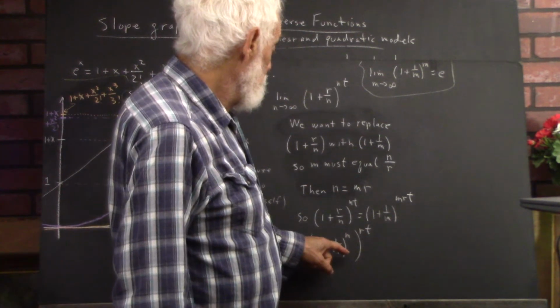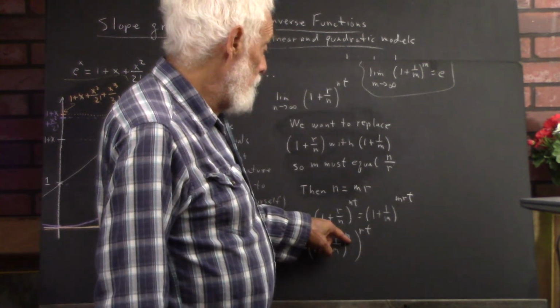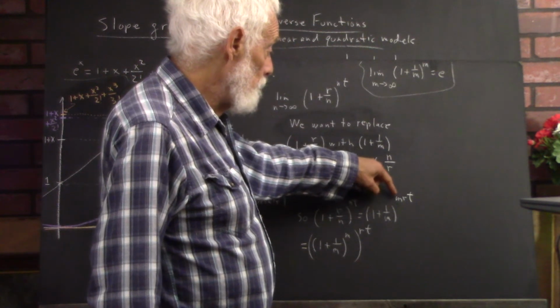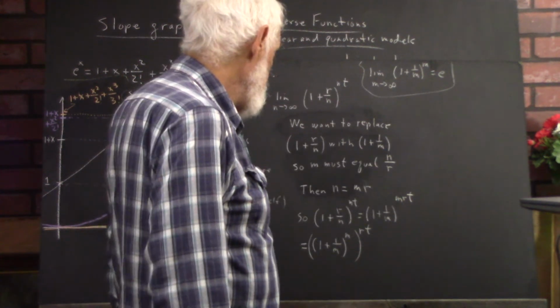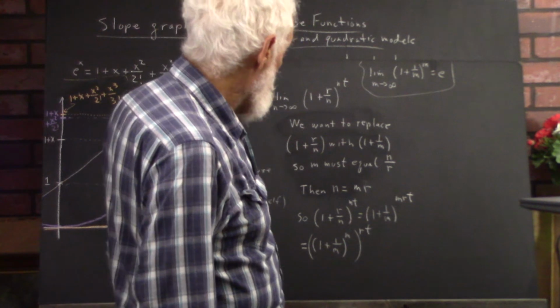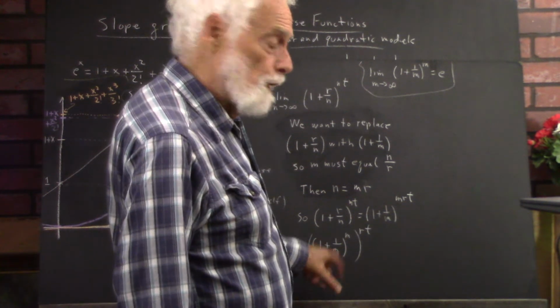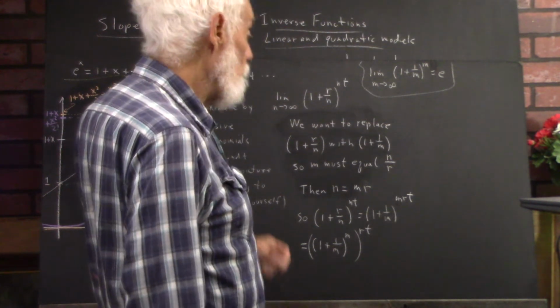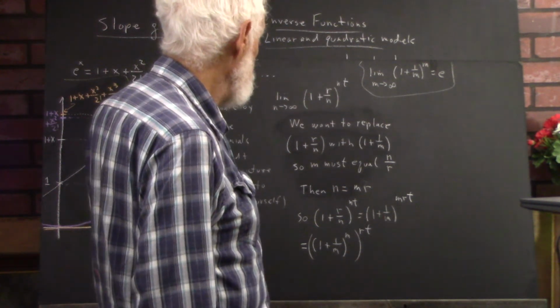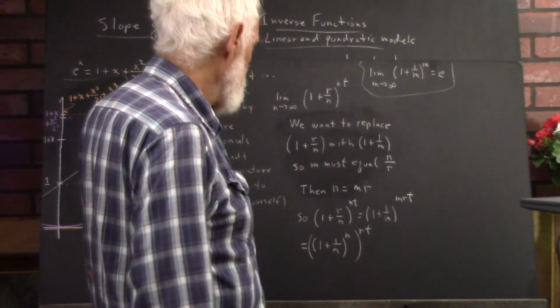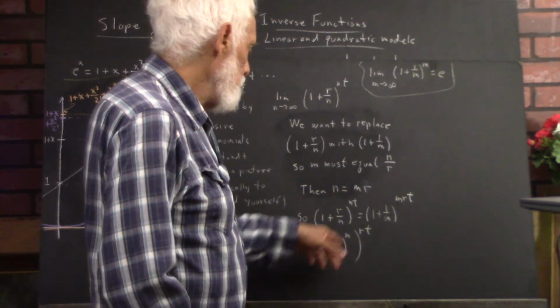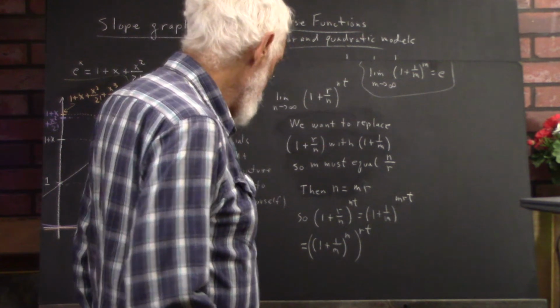So (1 + 1/m)^m raised to the power Rt gives you (1 + 1/m)^(mRt). That can get a little confusing. You've got to be careful with the laws of exponents. Write them out carefully, make sure you know the laws, and make sure you apply them correctly. Check yourself. Okay, so anyhow, we have this (1 + 1/m)^m raised to the Rt.